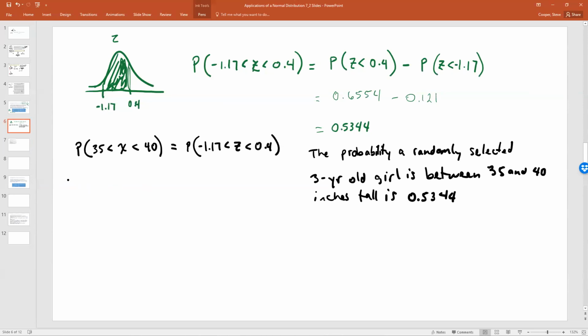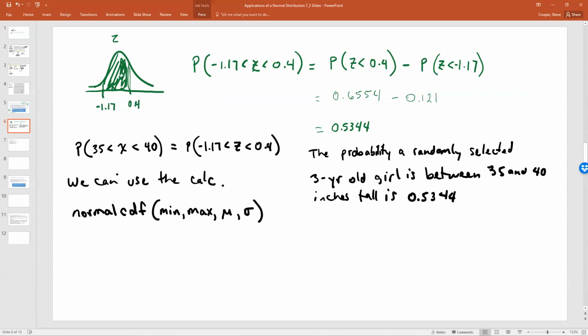If we use the calculator, we would use normal CDF, and we're going to put the minimum value, the maximum value, mu, and sigma.